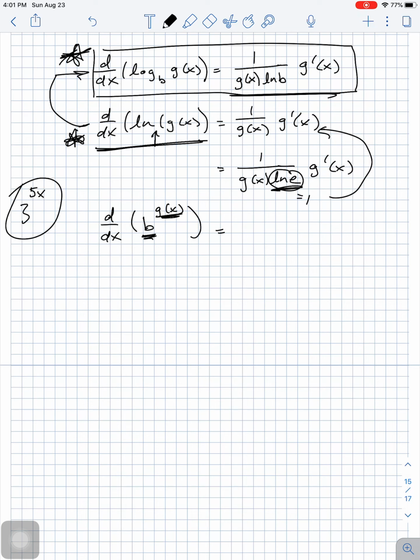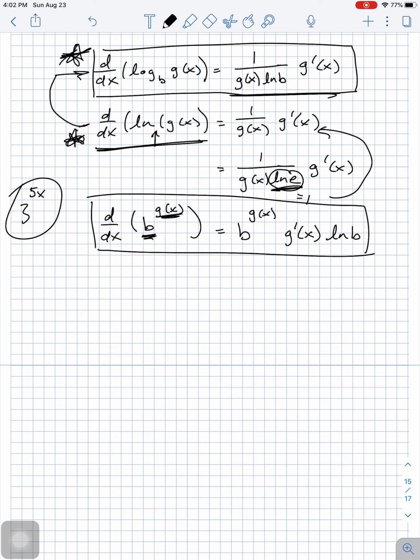The way we take the derivative of that is we take the exponential as it is, very much like the e function, then multiply by the derivative of the stuff, and then multiply by the natural log of the base. Again, this is the more general formula of that e formula. It's just that natural log of e is 1. So you can similarly compare those two.